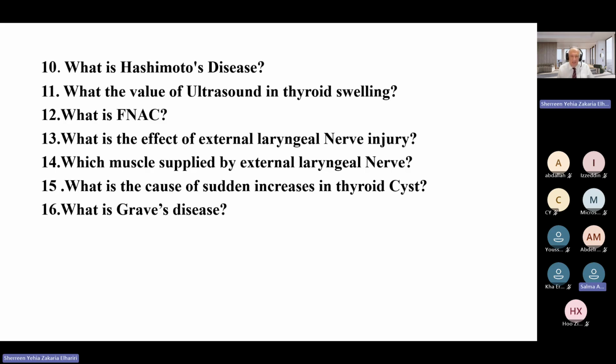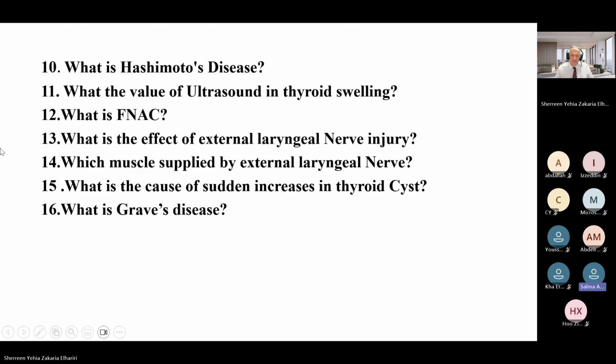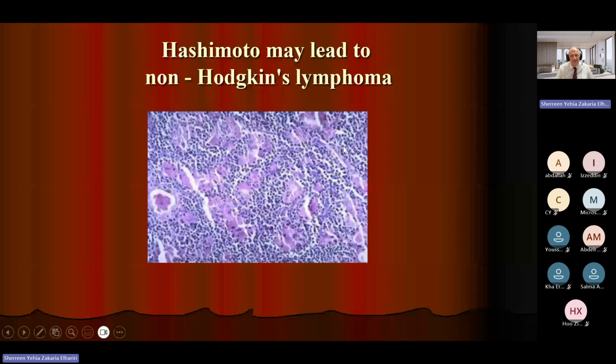Hemorrhage, or maybe cancer, but usually hemorrhage, especially after fine needle. What is Graves' disease? It is a primary thyrotoxicosis in which there are antibodies that resemble the action of thyroid stimulating hormone. Of course, Hashimoto can be complicated by lymphoma.